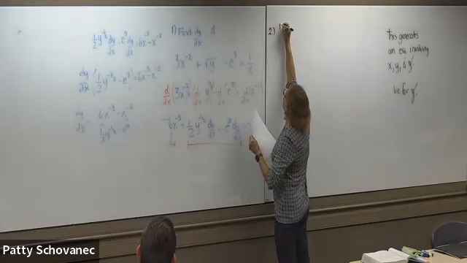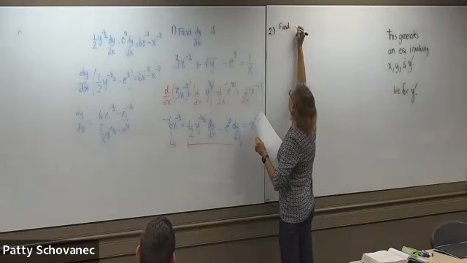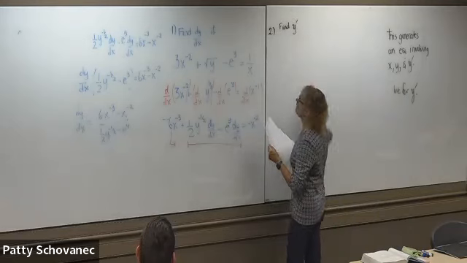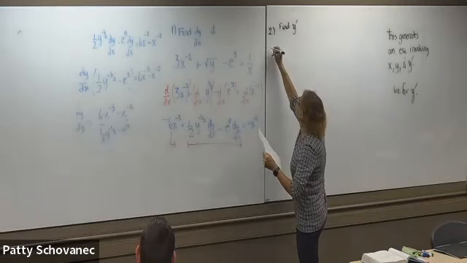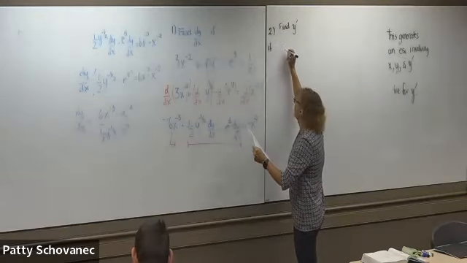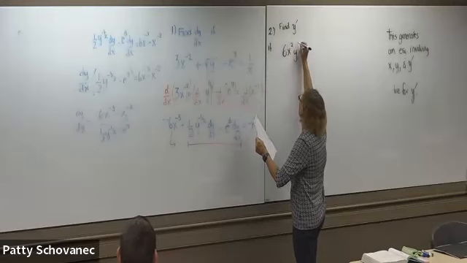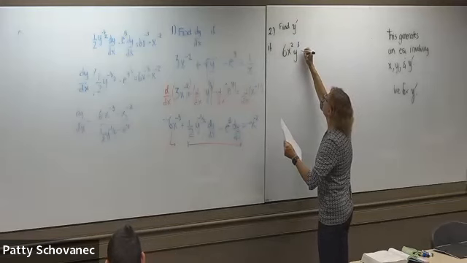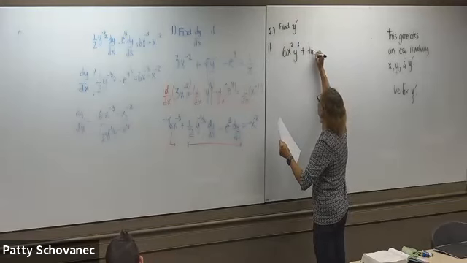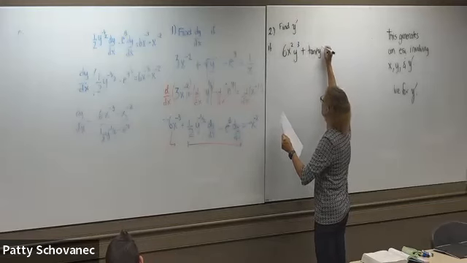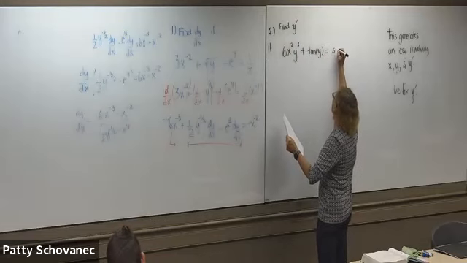again, find the derivative. If you want to use y prime, you can, and I'm going to in this case. Find y prime if we have 6x squared times y cubed plus the tangent of y is equal to the sine of x.